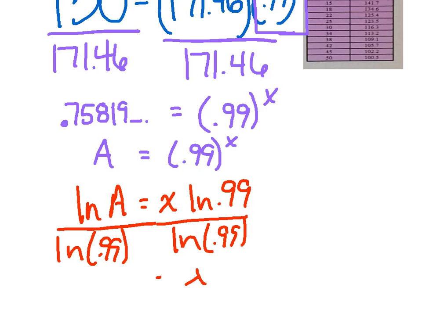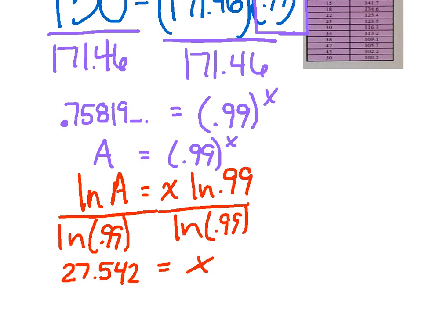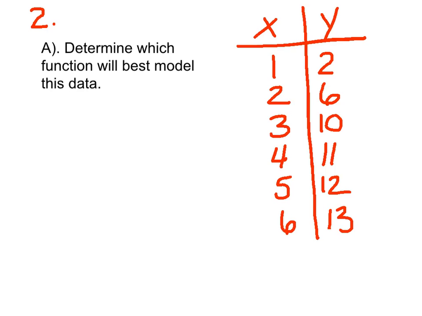So I should get x equals 27.542, and of course this is minutes that I just found. Okay, so there you have it. We're going to throw a bunch of stuff that we've talked about the previous week all together tonight.